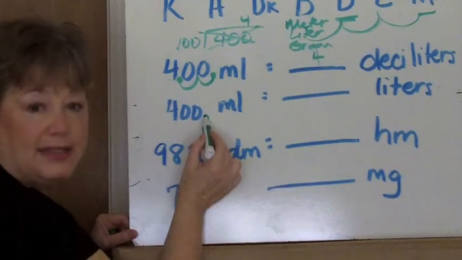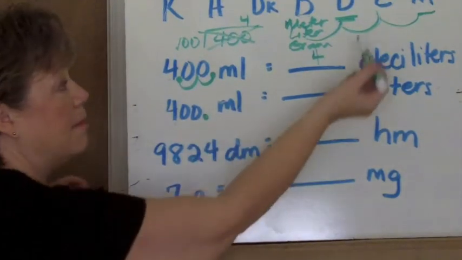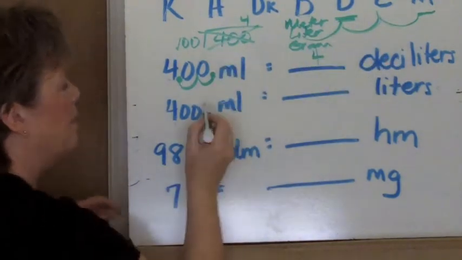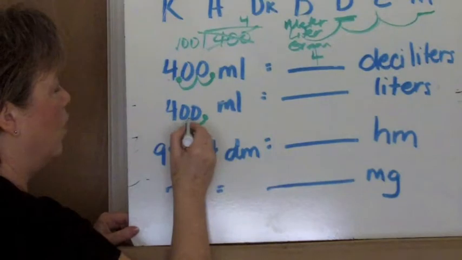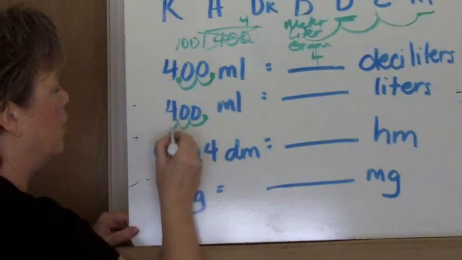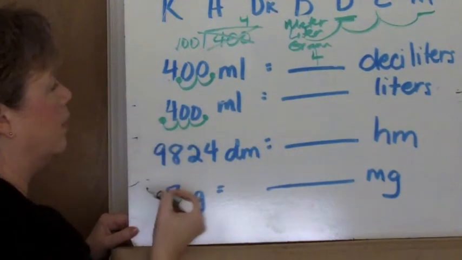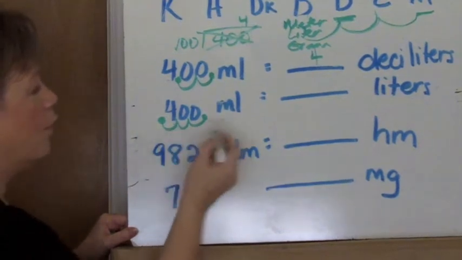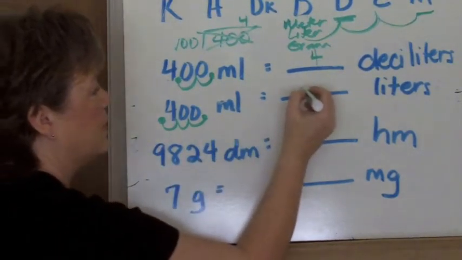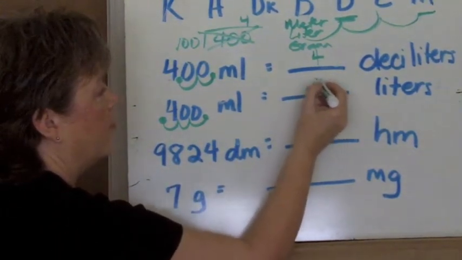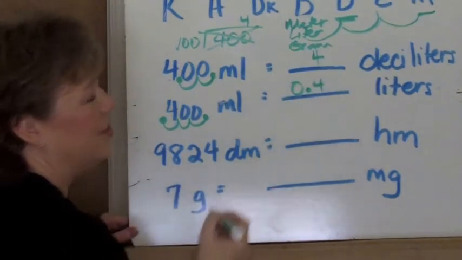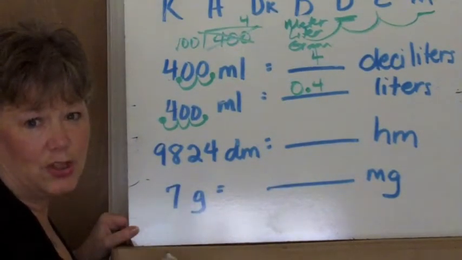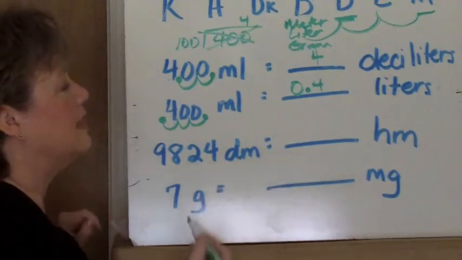So I'm going to take my decimal point, and since I had to move left, my decimal point goes left. 1, 2, right in front of the 4. So 400 milliliters equals 0.4, 4 tenths, and usually you don't like to leave them hanging. Usually have that 0. So 4 tenths of a liter.